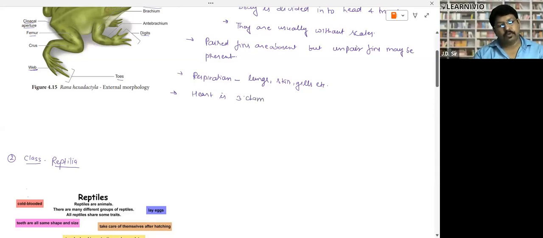Fishes have a two-chambered heart, and amphibians have a three-chambered heart. Two auricles, one ventricle, right?